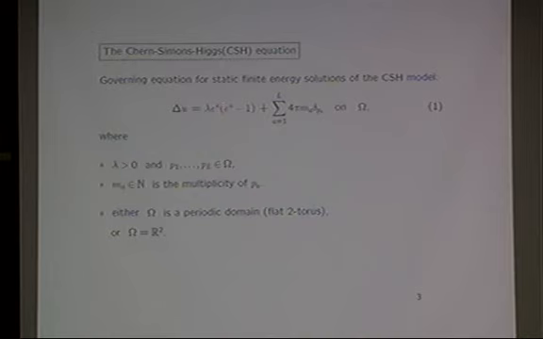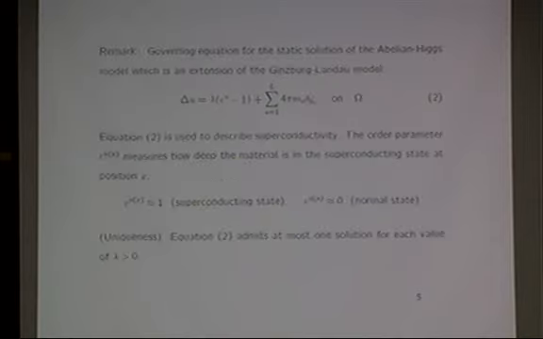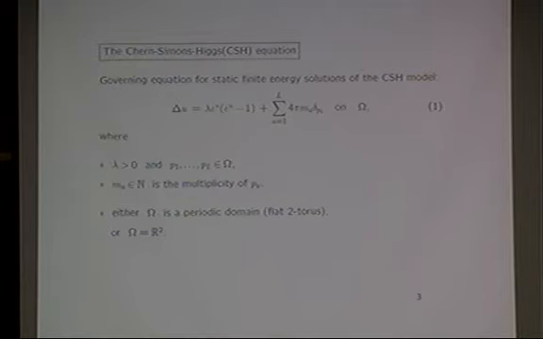Unlike the governing equation for the abelian Higgs model, the nonlinear term is a quadratic polynomial of e to the u. It is not monotonic, so it is not linear. So this equation has a mathematically rich structure. In this case, it will turn out that this equation has at least two solutions.